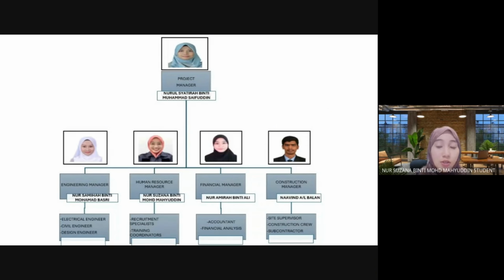Nur Amira binti Ali oversees the financial aspect of the project, including accountants and financial analysts, ensuring the project budget and financial health. And the last one is construction manager, whose name is Navin Analaki Balan. He leads the construction effort, supervising site supervisors, construction crew, and subcontractors to ensure the project is built to specification and on schedule. So that's all from me.